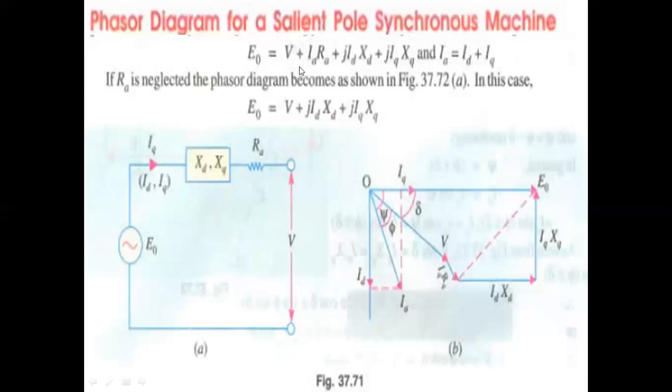We have to draw the phasor diagram for the equation E naught is equal to V plus IA RA plus J ID XD plus J IQ XQ. ID XD and IQ XQ are voltage drops, and ID plus IQ is equal to IA.